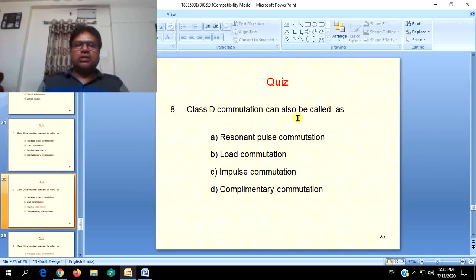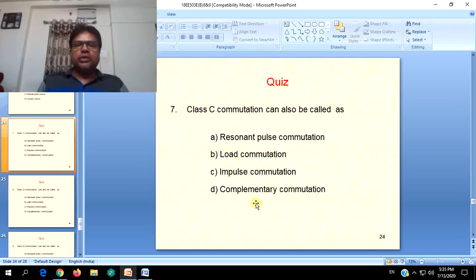Class D can also be called as impulse commutation. Class D commutation is impulse commutation, where Class C and Class D both employ auxiliary SCRs, but depending on their working, an impulse voltage will be applied in class D. It is called impulse commutation.